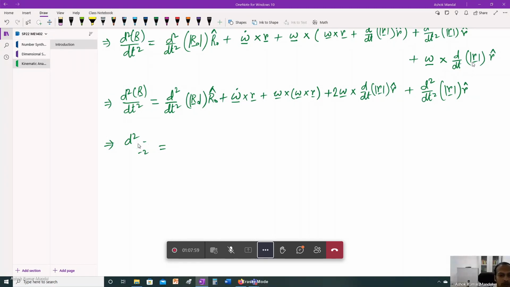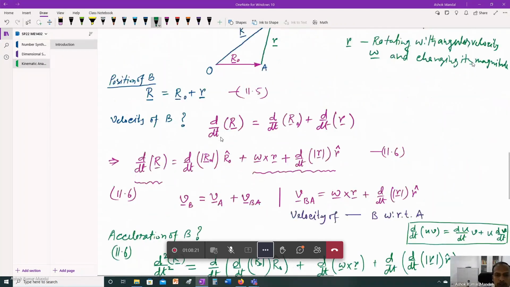Now let us write down these quantities in terms of some physical terms. A for acceleration. Acceleration of point B is equal to acceleration of, what is this? Acceleration of point A. Just look at the picture.